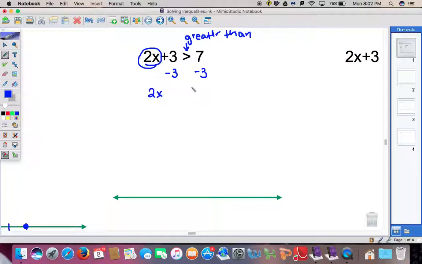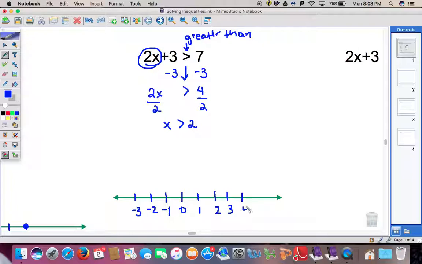So we have 2x is greater than, because we just bring this symbol down, 4. Now we divide both sides by 2, and we get that x is greater than 2. If I wanted you to graph that solution, we would again start by labeling 0, 1, 2, 3, and on this side we've got -1, -2, and -3.